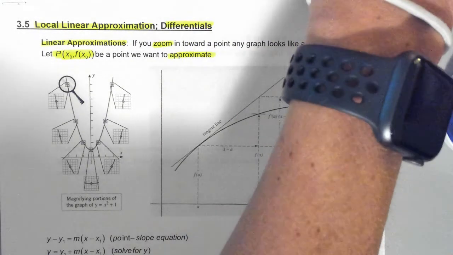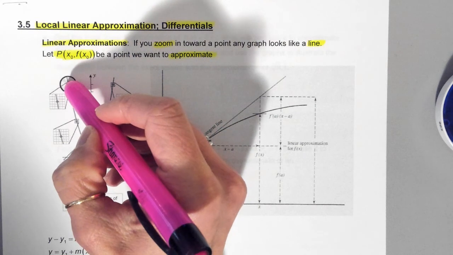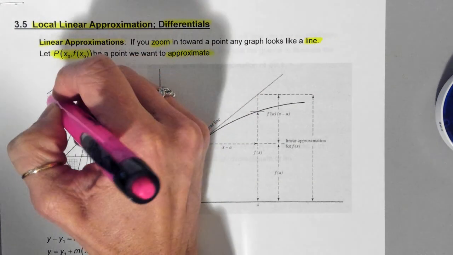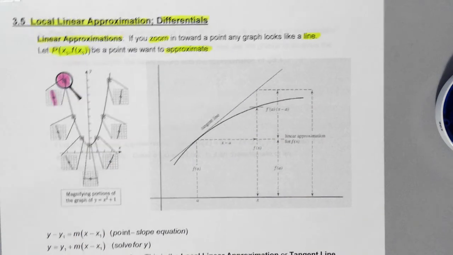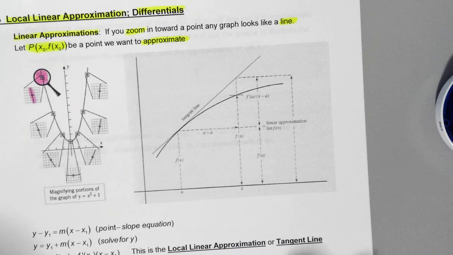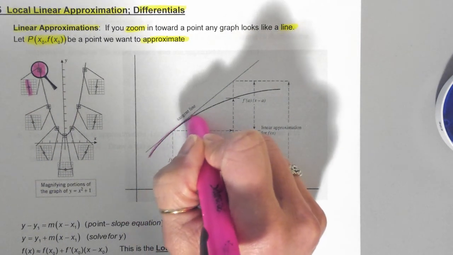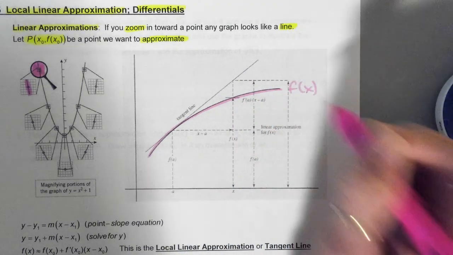Okay, so what they're showing you here on the graph is that if I were to zoom in on this point, or this one, or any given point, the graph actually looks like a line. I'm zooming in on whatever that point is. So what we have is our function, f of x. Okay, and this is what we're talking about in terms of local linear approximation.